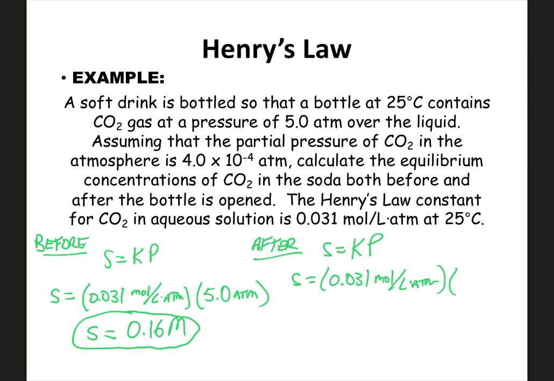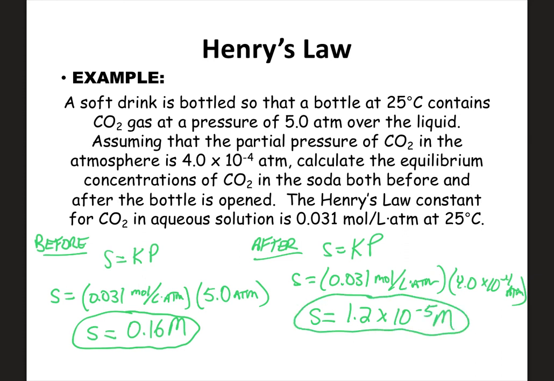Essentially, this is telling us that when we open the can, the partial pressure of CO2 in the atmosphere is 4.0 times 10 to the minus fourth atm. Notice your atm cancel, and that's why you get moles per liter, or molarity. So when we solve for S now, we plug and chug, and we get 1.2 times 10 to the minus fifth molar. This makes complete sense why you hear the CO2 coming out, because before you open the can, it's dissolved to a concentration of 0.16 molar.